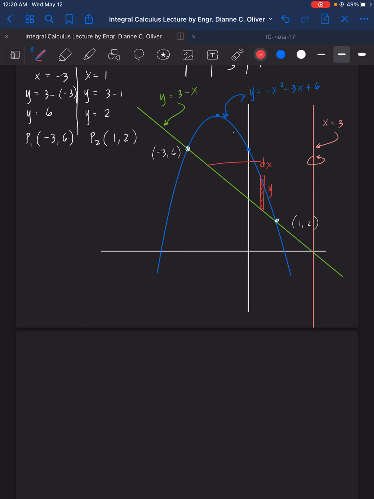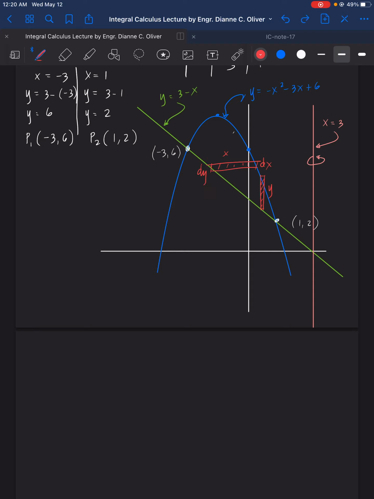Now how about here? If we use here as the position of the area strip, then we have two different boundaries. The problem is this is x dy. If that is x dy, therefore the limits we're going to use are the points y.